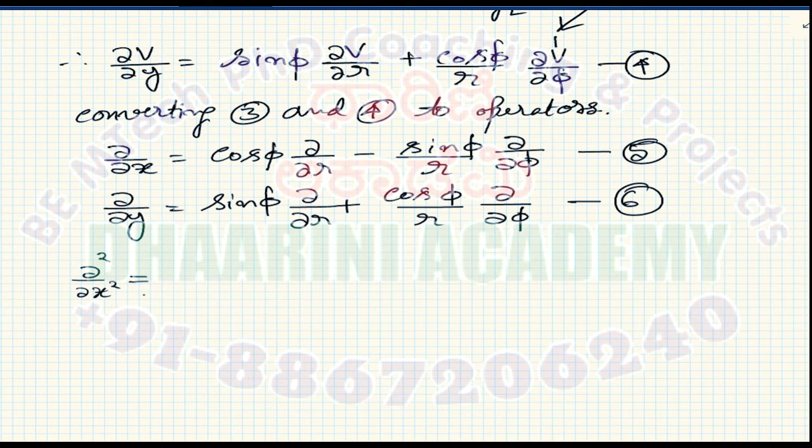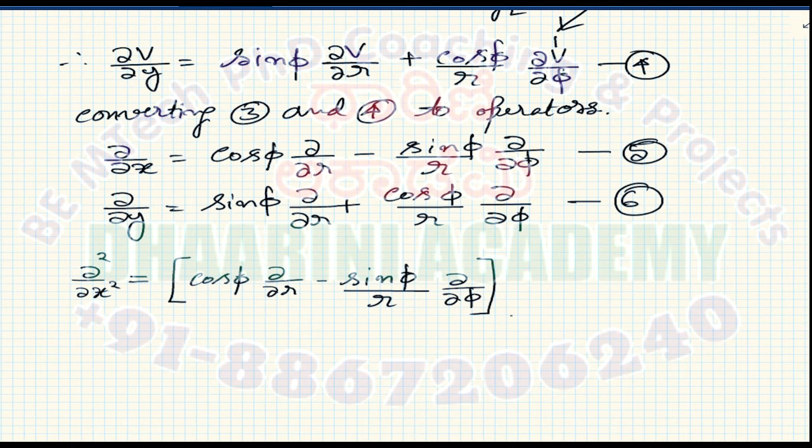So ∂²/∂x², from equation number 5, I can write this as cos phi ∂/∂r minus sin phi by r ∂/∂phi, multiplied with itself.